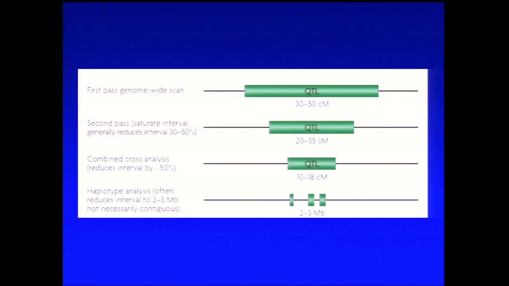You try to refine it. And then the idea is to look at various crosses and find the regions of haplotype similarity and dissimilarity between them to fractionate the peak that you obtained into the regions in which the underlying causal gene must reside.